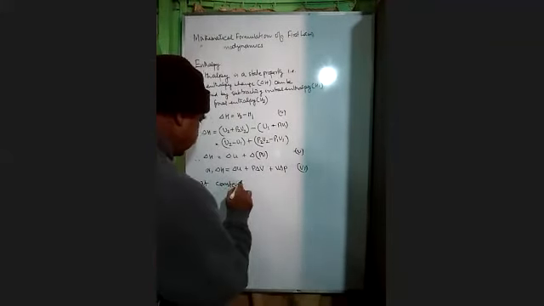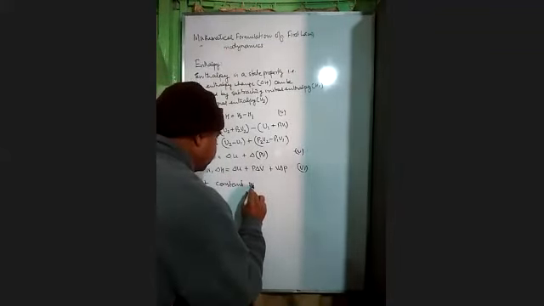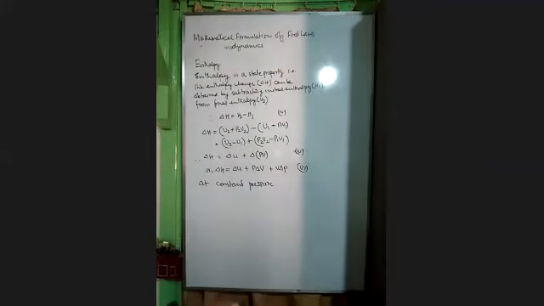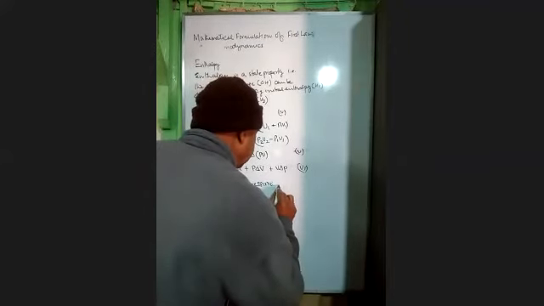When you go for constant pressure, because we are going for open system, pressure always remains same. At constant pressure, delta P is equal to 0.